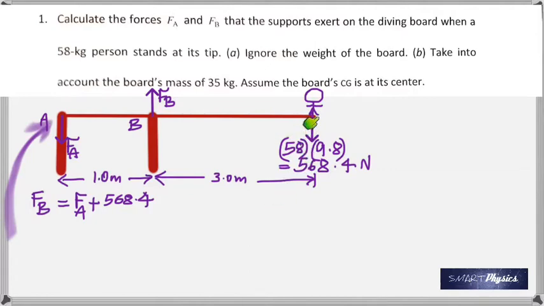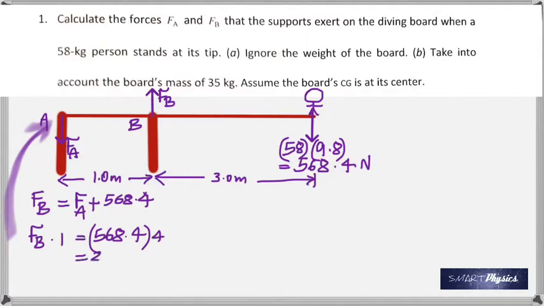Okay. Therefore, we're going to say 568.4, be with me, 568.4 times, help me out, 4 meters should be equal to Fb times 1 meter. Problem done. Remember that in the first part, we're not considering the weight of the board. Do you see that? So, Fb times 1 is 568.4 times 4.